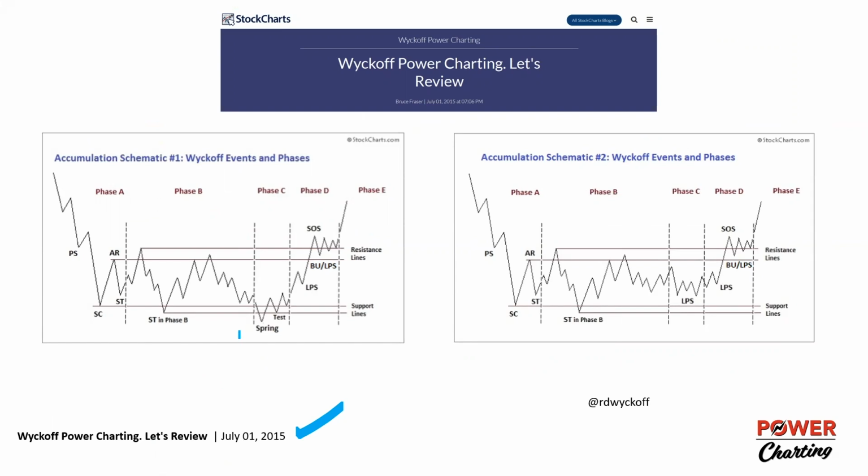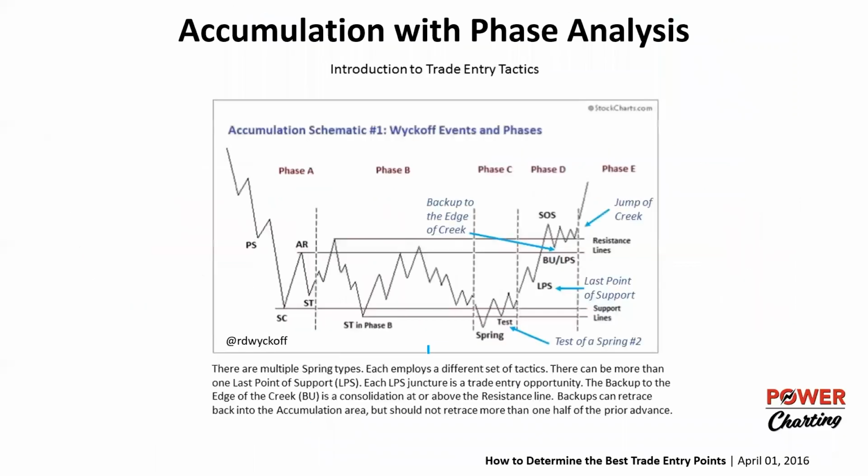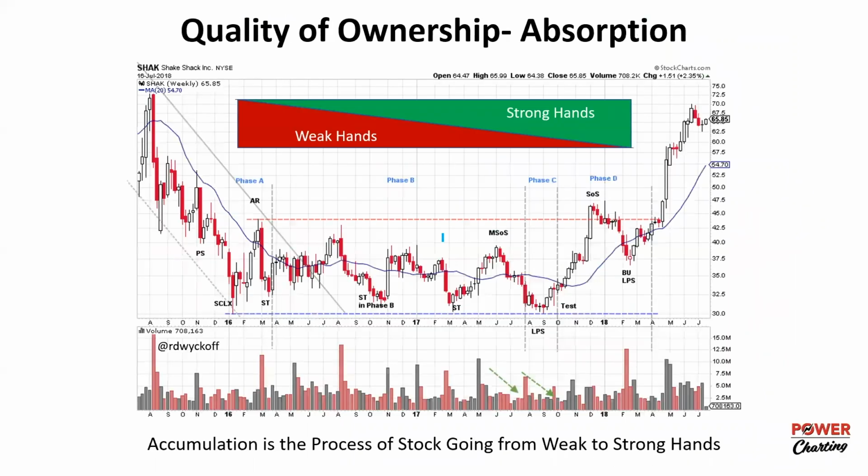So this is an accumulation with a spring. This is an accumulation with a last point of support, which is a higher low. These are just variations on a theme. The whole idea here is that the accumulation period is a period where a stock completes a downtrend.